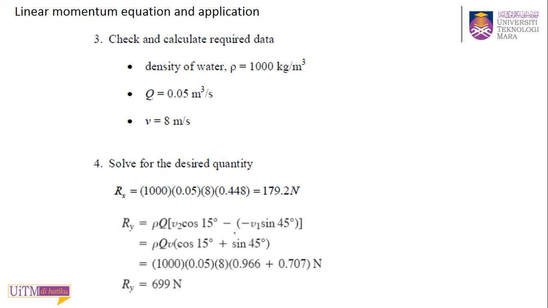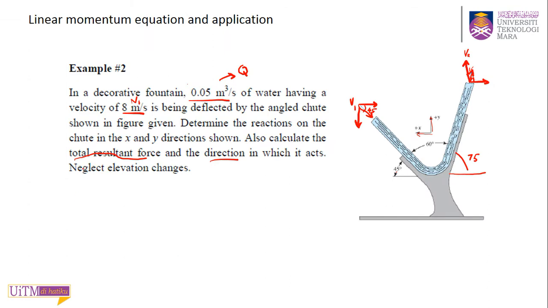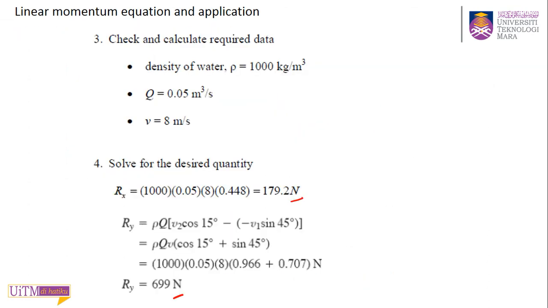So you get the value for both directions X and Y. To get the total resultant force, because they ask you to calculate the total resultant force, just take Rx squared plus Ry squared, right? Okay, square root of them, this will give you the total resultant force.